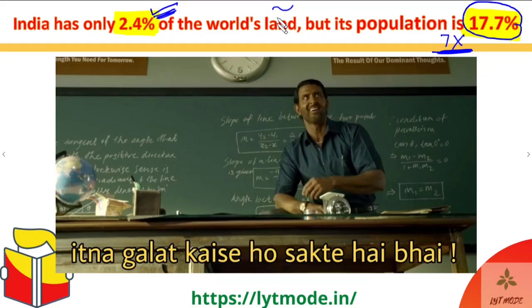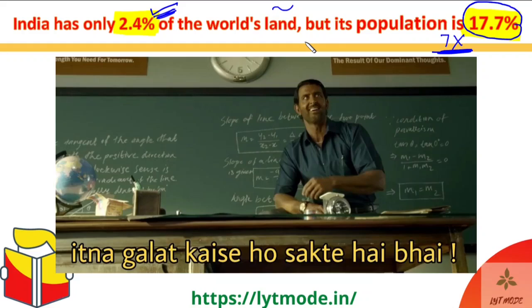Okay, so if 1% of the world's land is sustaining 1% of the world's population, which actually is the global average, I mean, 1% of the land has to sustain 1% of the population. That is how the law of averages works. So in that case, 2.4% should have been the average population India should have had.